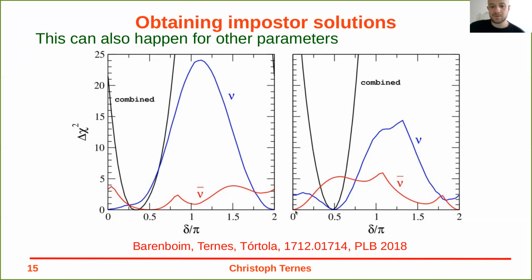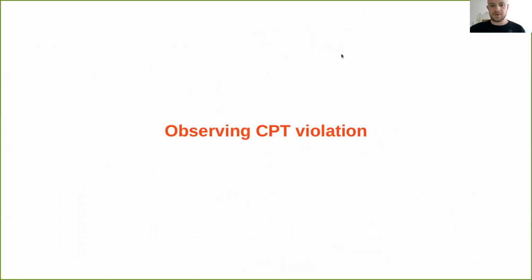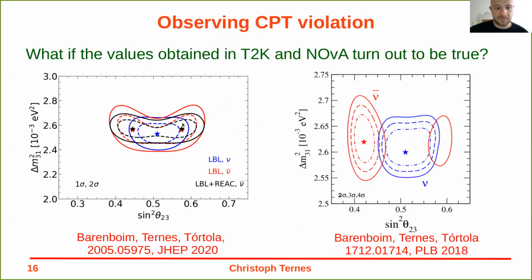You see that in particular, the 0 value is excluded at close to 5 sigma and more than 5 sigma here on the right side. So how is the possibility to observe CPT violation in DUNE? We have seen before the analysis of T2K and NOvA giving different best fit values for neutrino and antineutrino parameters. But here there was significant overlap even at 1 and 2 sigma confidence level.